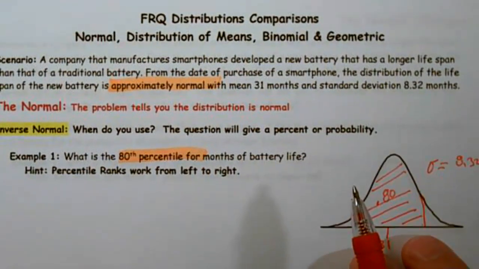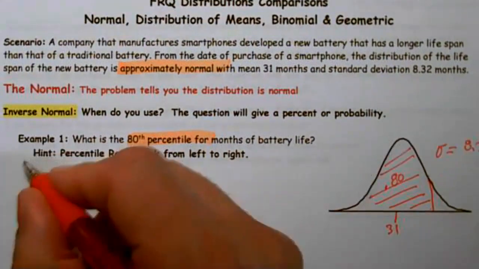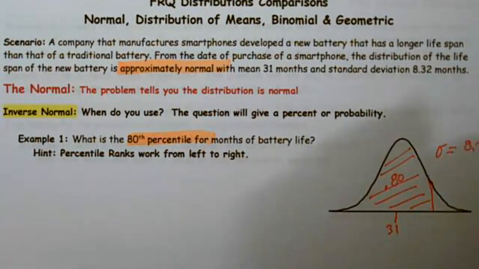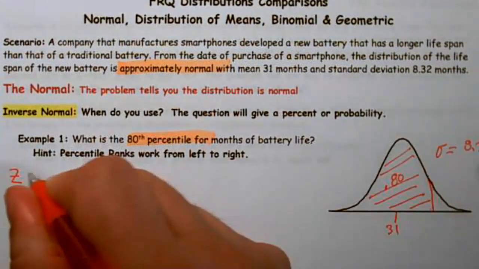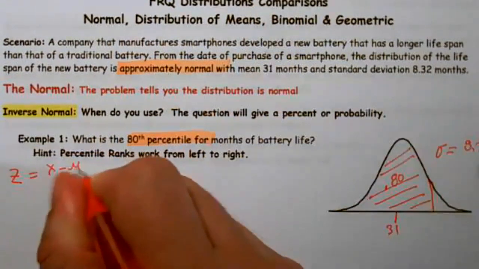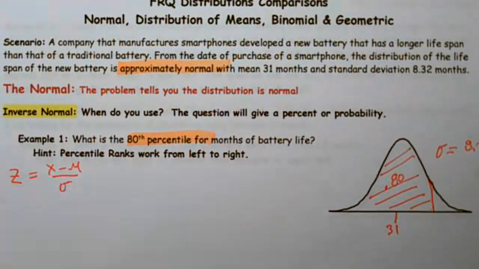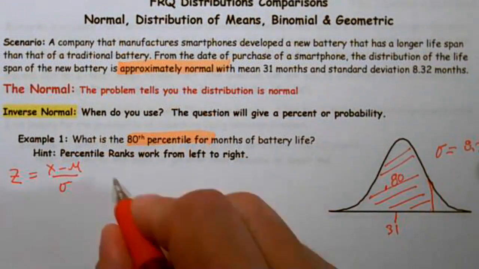Anytime I know I'm working with a normal, I go ahead and write down Z equals X minus mu over sigma. It's just a good place to start. Then I start plugging in what I know.